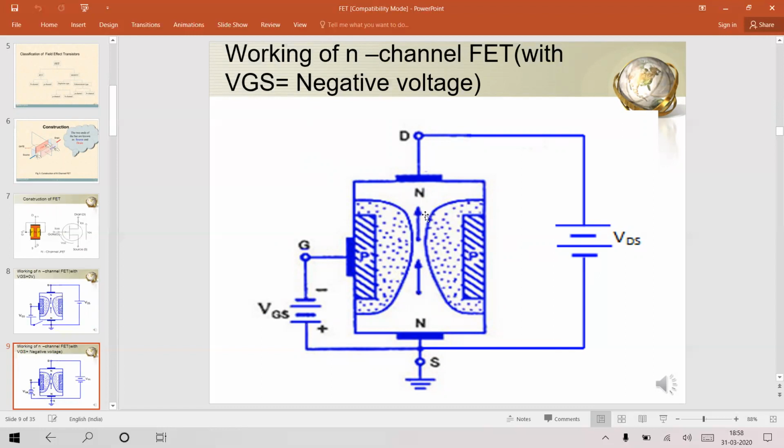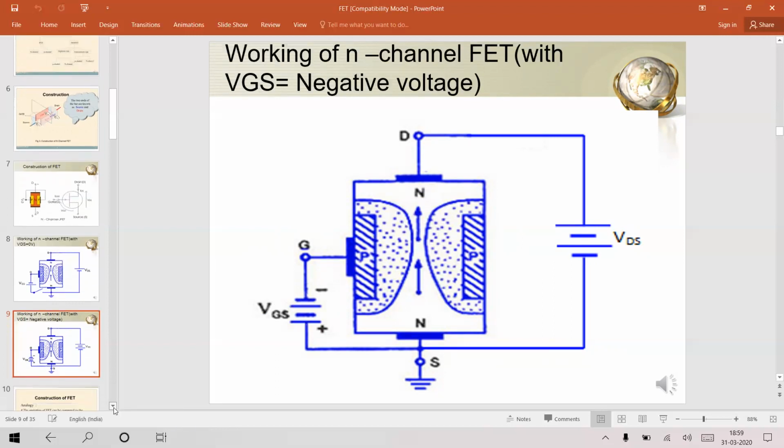In the sense, the width of the barrier is increased and path width is reduced. So I can say less current flows through this device from source to drain. By varying the gate voltage, I can control the flow of current through the channel.